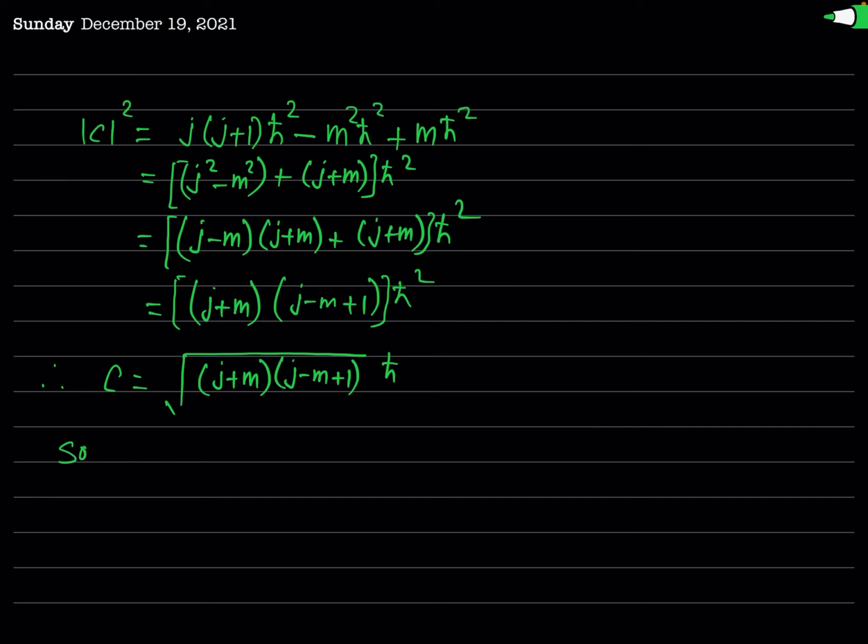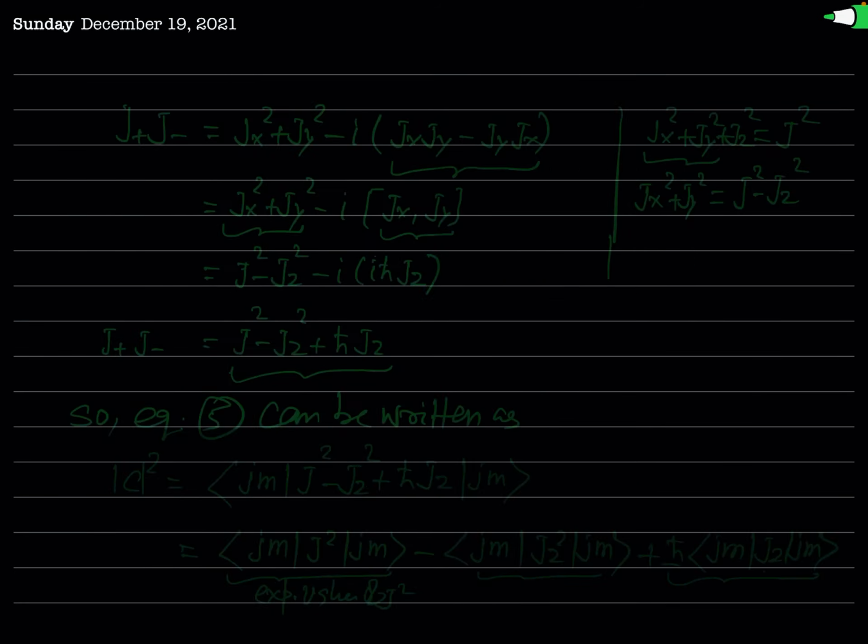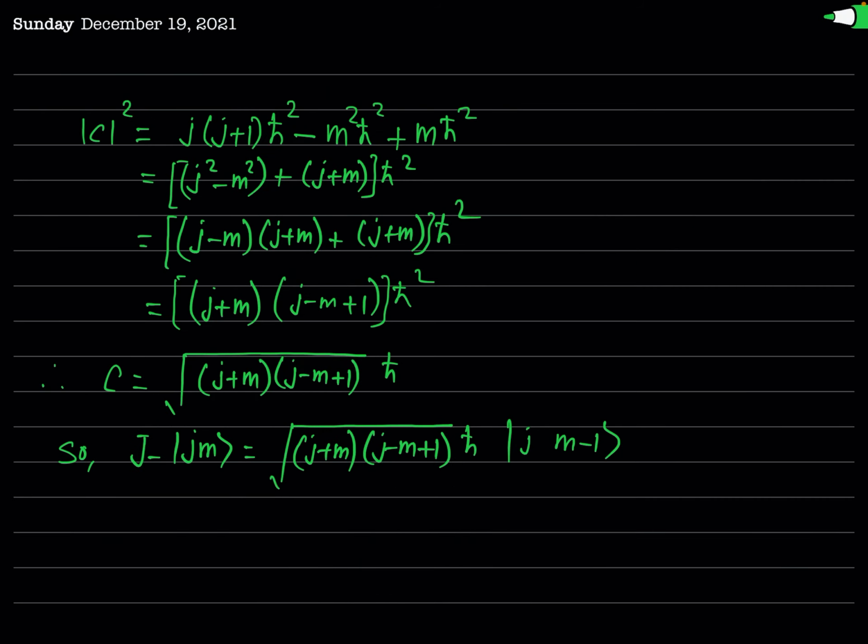J minus ket jm is equal to c, and instead of c we now write the square root of j plus m times j minus m plus 1 into h bar, and ket j, m minus 1.